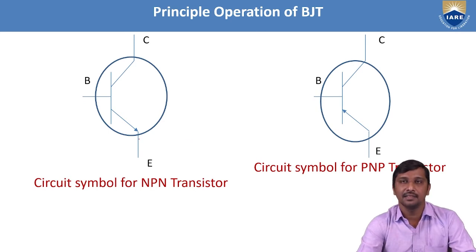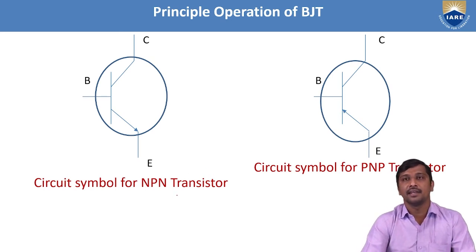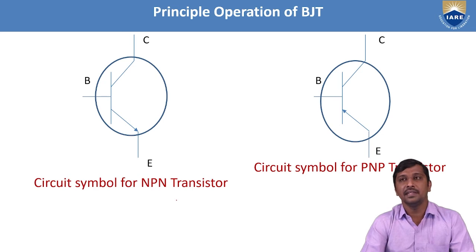That differentiation is done through the arrow mark on the emitter, which indicates the direction of current flow. In an NPN transistor, the current flows outward, and in a PNP transistor, the current flows inward. These are the symbolic representations of NPN and PNP transistors.